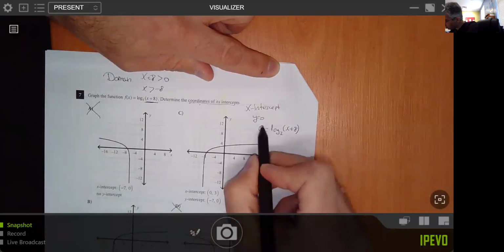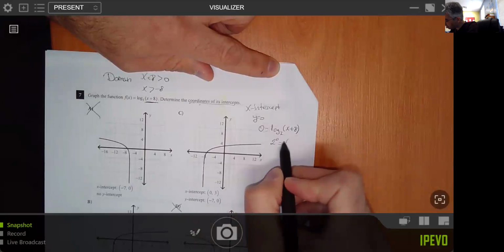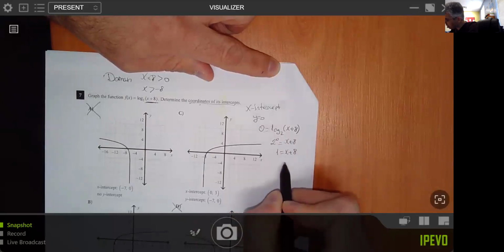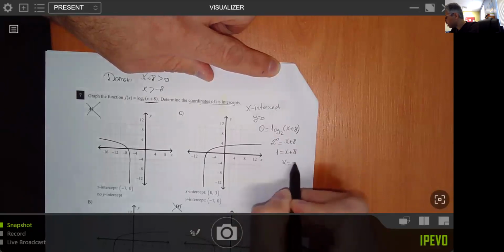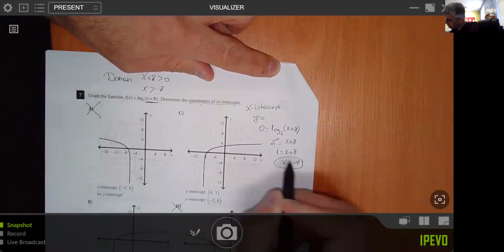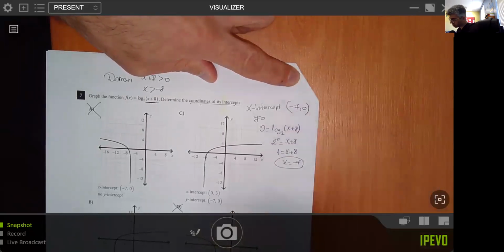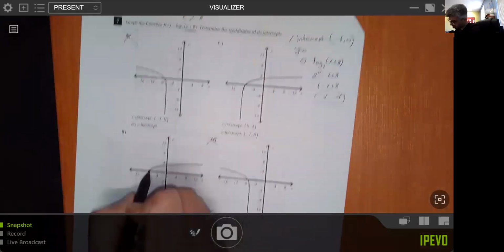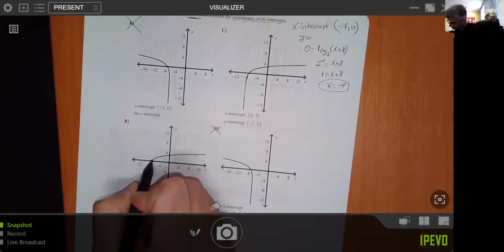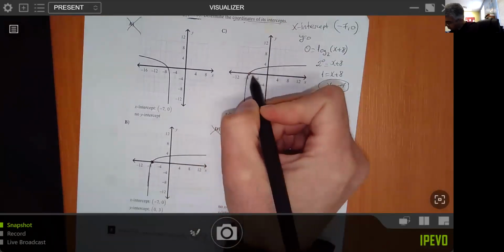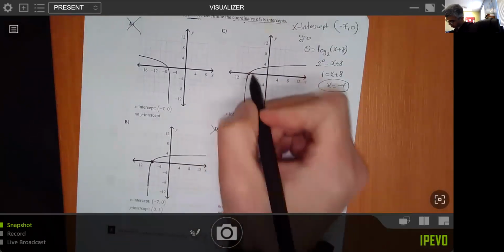So 2 to the power of 0 equals x plus 8. 1 is equal to x plus 8. And from here, x is -7. So the x-intercept is -7, 0. All right. Well, in both, x-intercept is -7. You see, guys? It's -7, 0, and here it's -7, 0. Okay, what about the y-intercept?